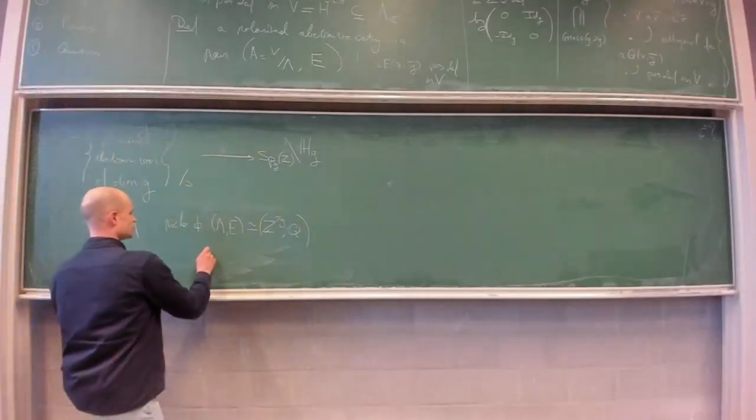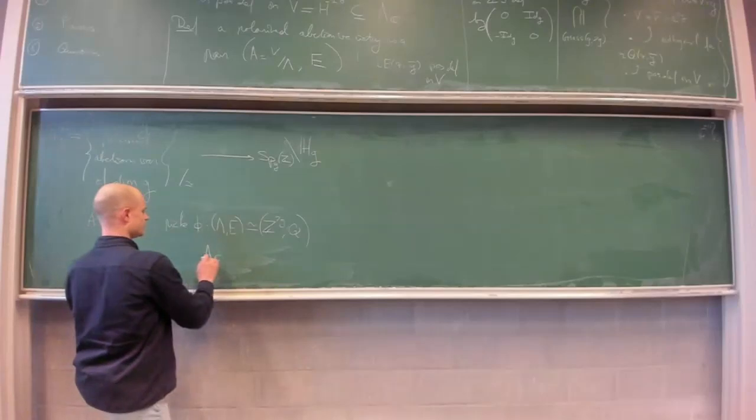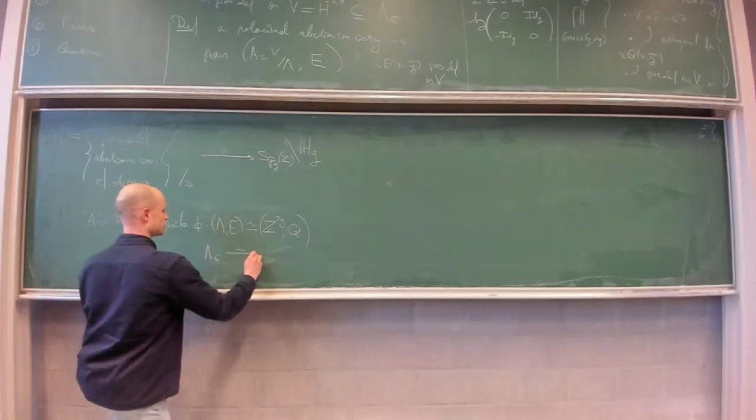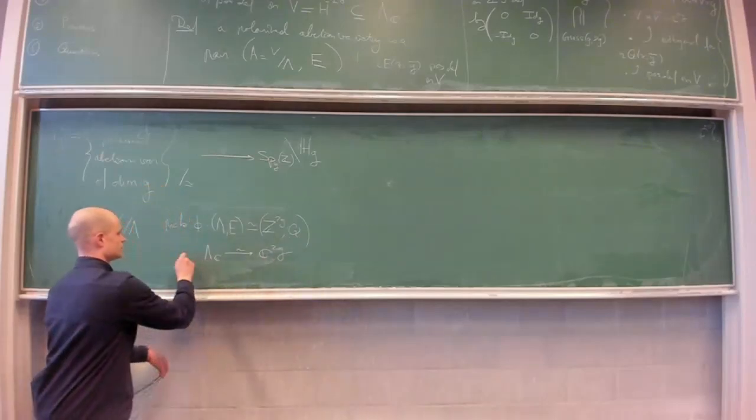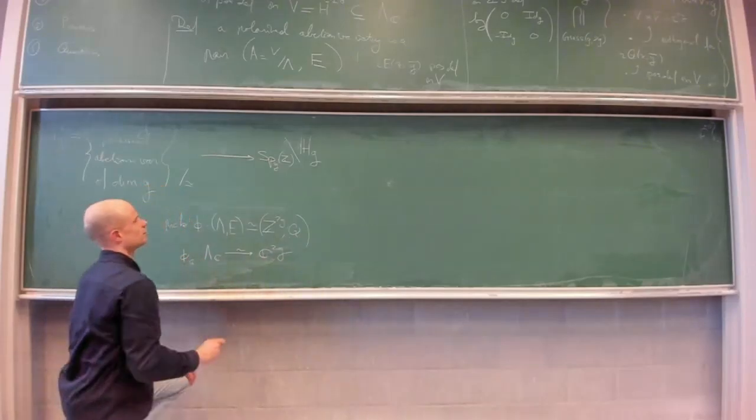Then we look at the induced isomorphism between the complexification of lambda and C^2g. This is phi_C.